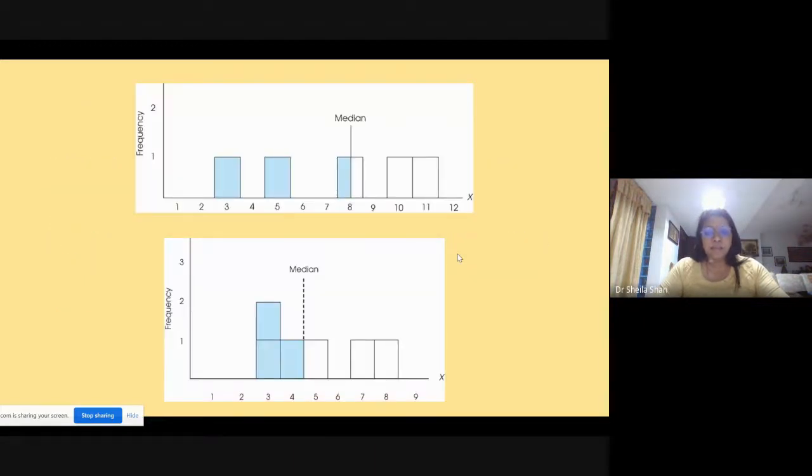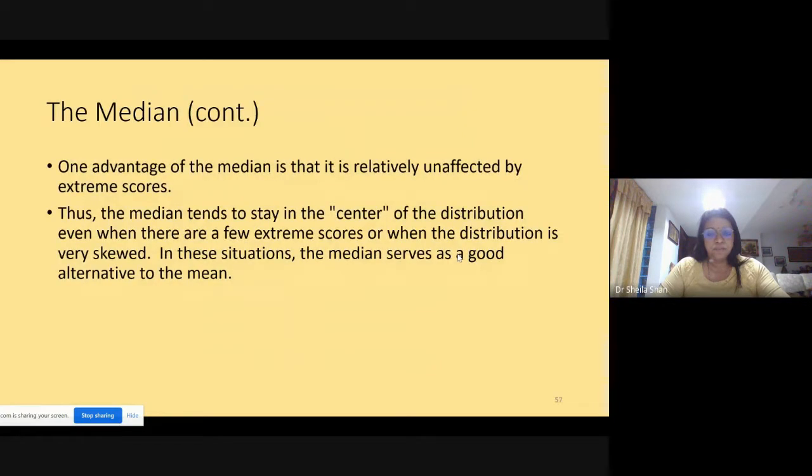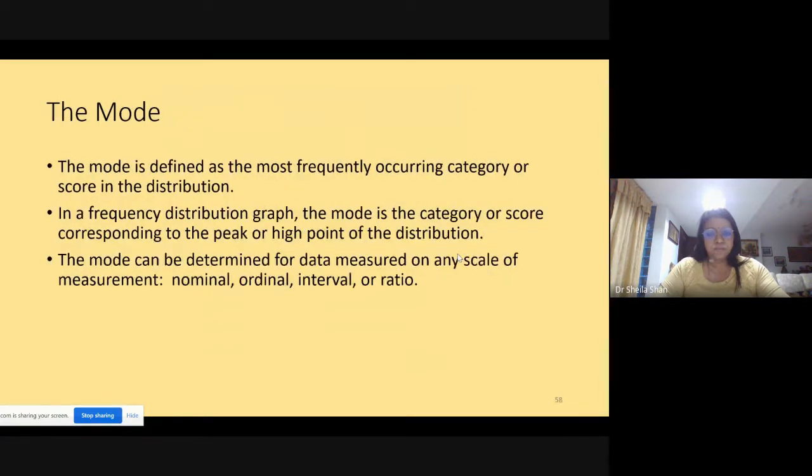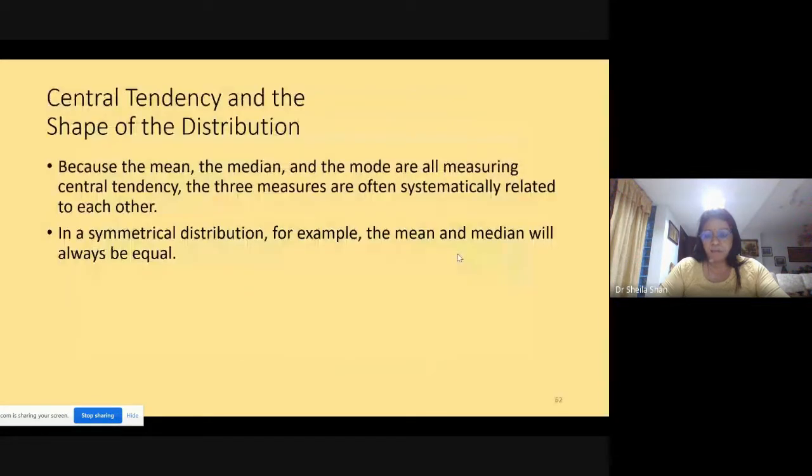So here is an example of how to get your median, the middle number. I have explained all these.